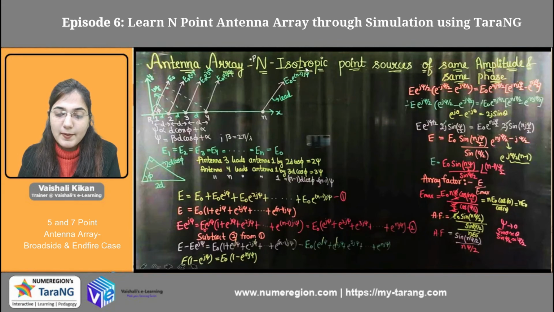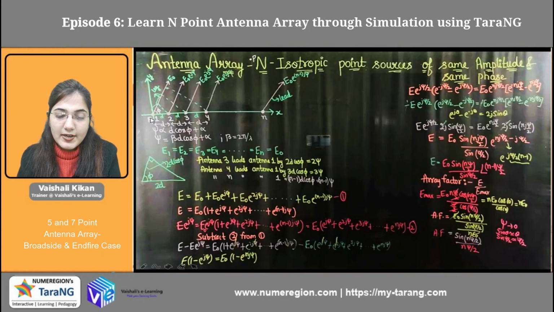The radiations from antenna N will be reaching the point P fastest, then antenna N minus 1, then antenna N minus 2, 4, 3, 2, 1. Antenna 1 is lagging. So now if I want to compute the path difference, it will be proportional to the d cos of phi plus alpha. If I remove the proportionality constant, it will be beta d cos of phi.